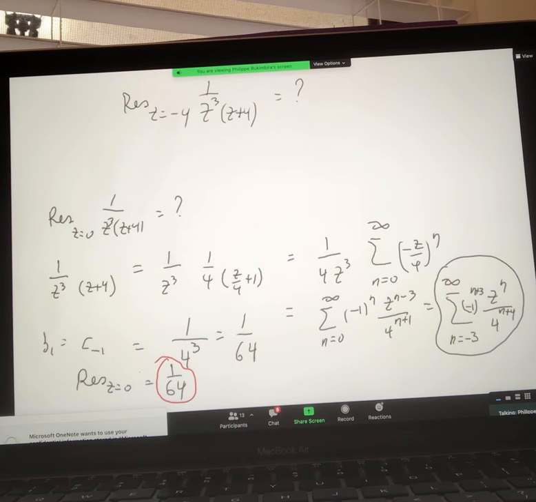All right, now I'm going to try the same thing. 1 over, I need the powers of z plus 4, so I'm going to say 1 over z plus 4.